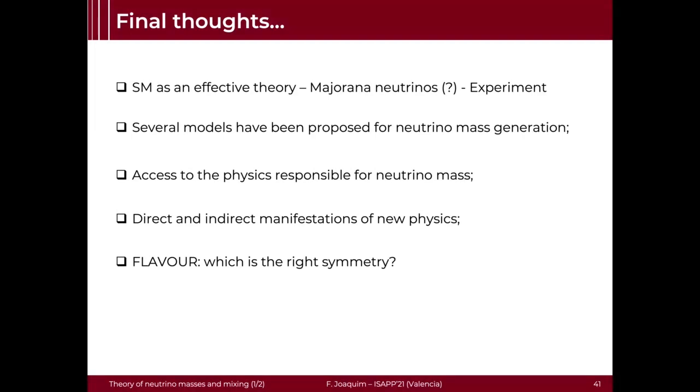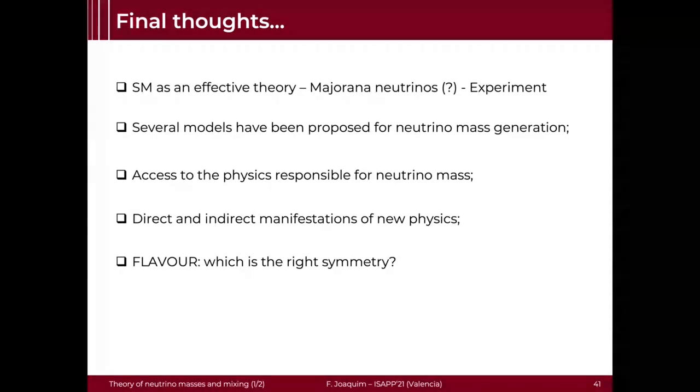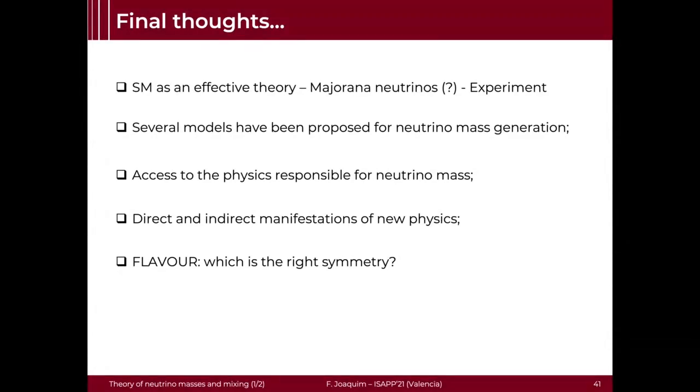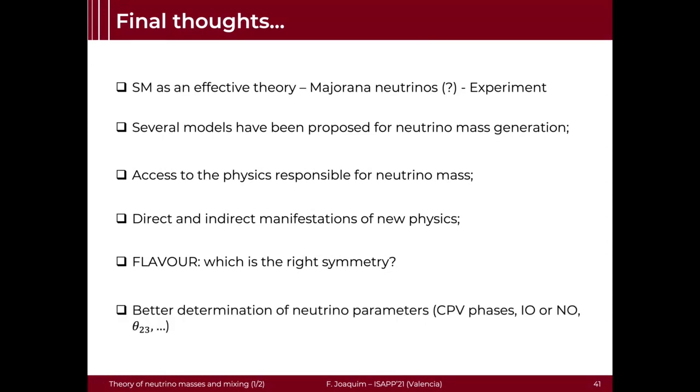Now, regarding flavor, the question is which is the right symmetry? And to answer, or probably to reduce the number of possibilities that we still have available, maybe we need more precision in the determination of the neutrino parameters, because there are still some issues, namely the octant of theta 23, the CP violating phases, the ordering of neutrino masses, and so on.